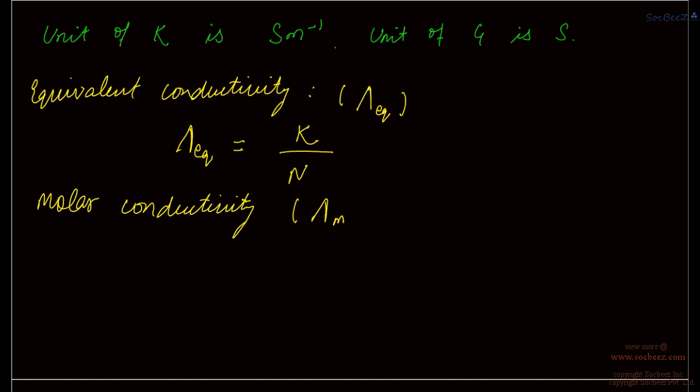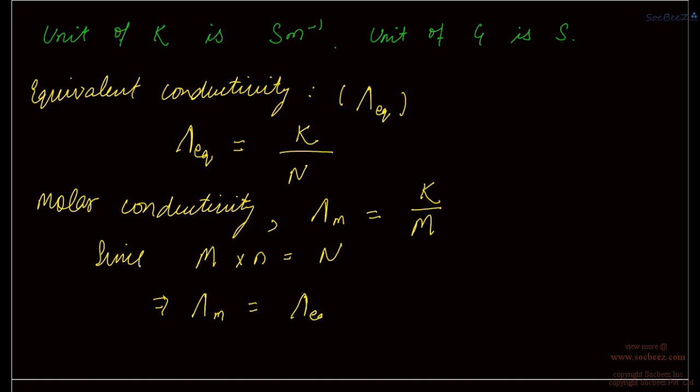It is denoted by lambda m, which is equal to kappa upon molarity of that particular electrolytic solution. Now since molarity into n factor equals normality, we get molar conductivity equals equivalent conductivity into n factor.